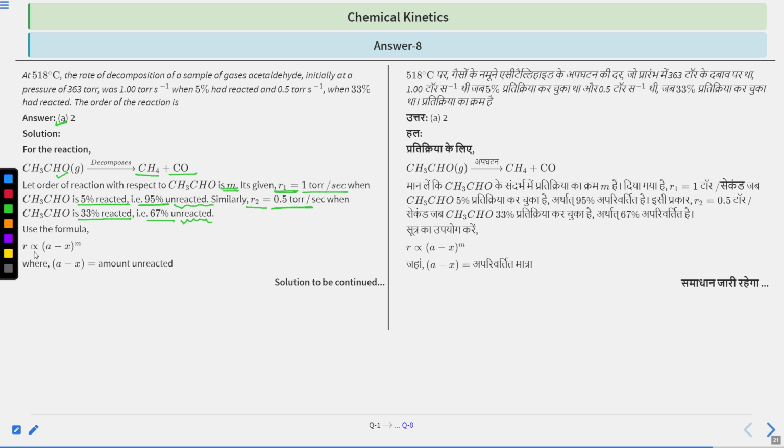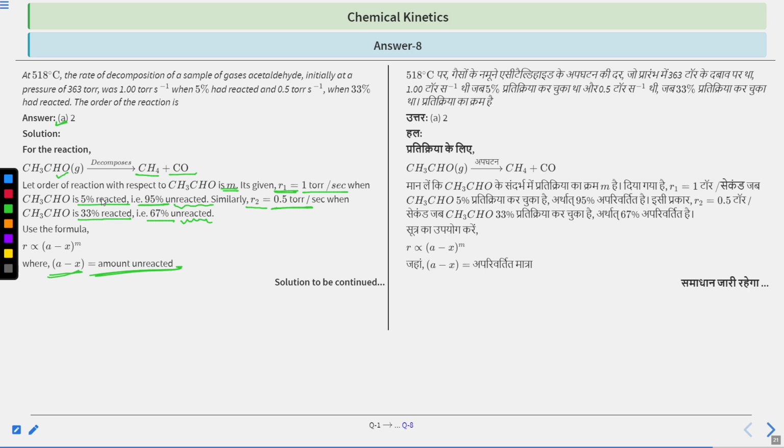So we just use the formula that rate is directly related to the unreacted concentration whole power n. Okay, so A minus X is the amount unreacted. Rate is directly related to the amount unreacted whole power m, where m is the order. Now we just use the rate equation for both processes.